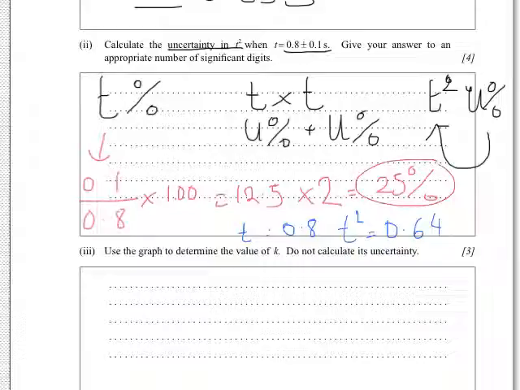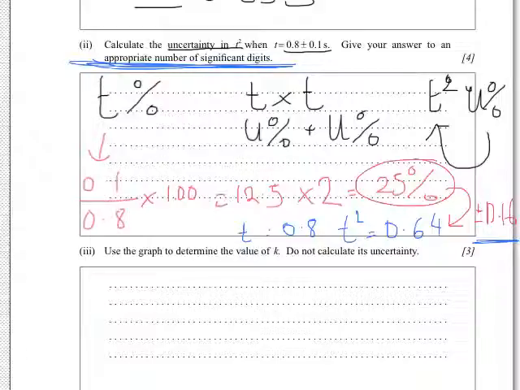So now we have that, we need to work out what is 25% of 0.64. If you plug that into your calculator, you will get plus or minus 0.16. Now, remember, significant figures are super important, and in fact it says the appropriate number of significant digits in the question. That means there's something tricky going on.